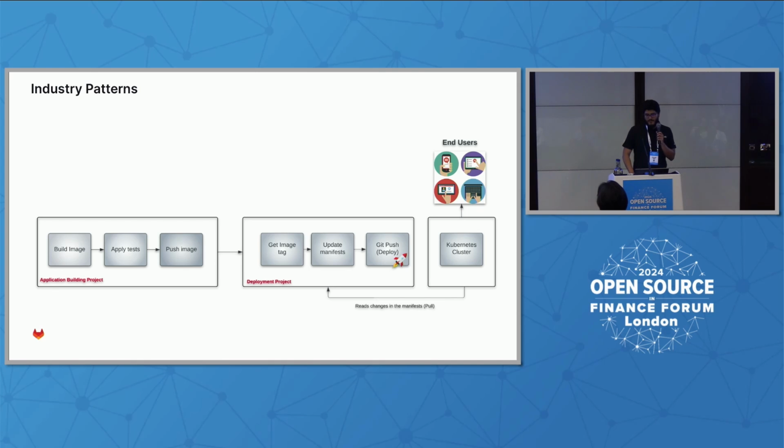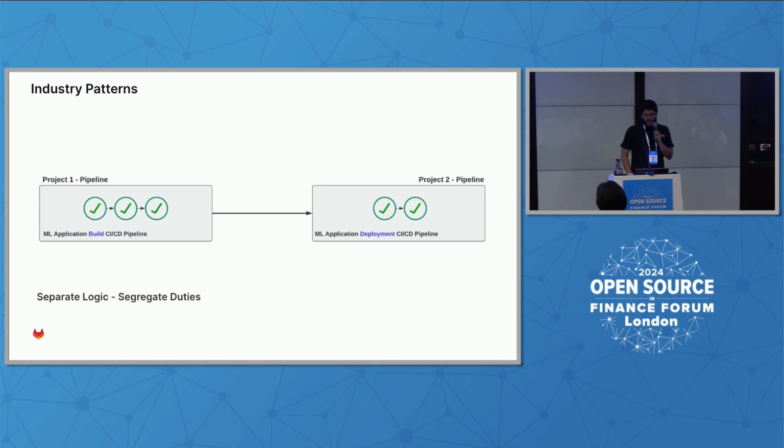I also found out that there is this pattern called GitOps, where you can have in one project the UI, for example, and in another project you can have the model. And if you make one change in one or the other, and you need these two things to interact with each other, you can trigger what is called a multi-project pipeline and take two different projects and put together a full application that builds and gets tested and deployed automatically.